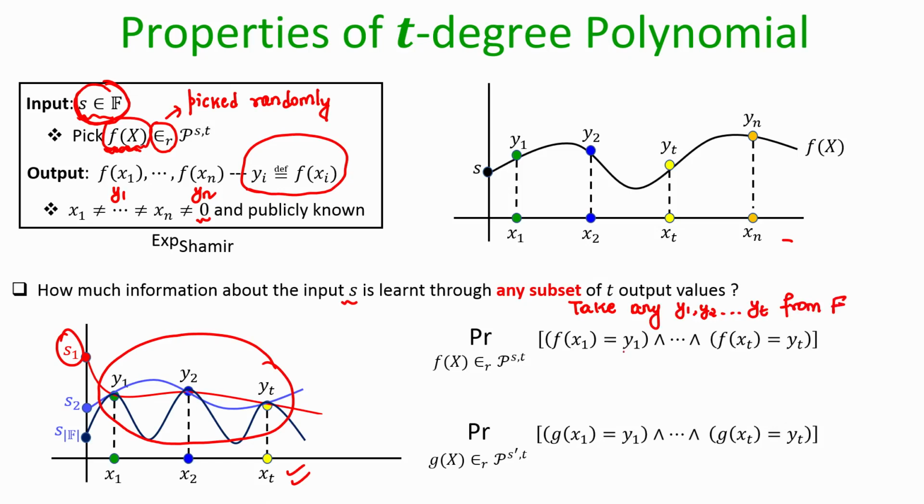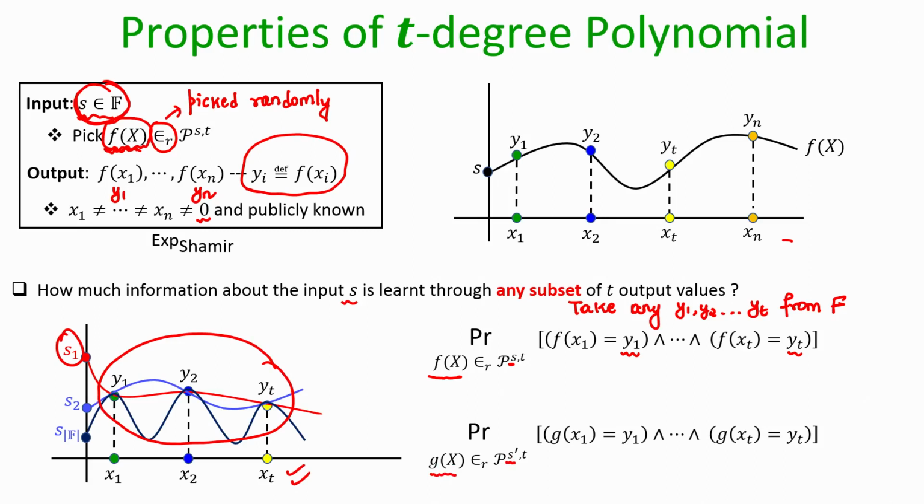The probability that the y1 to yt that I am giving to you are generated as an outcome of the experiment where a polynomial f of x was chosen whose constant term was s, is the same as the probability that the same y1 to yt would have been generated if in the experiment I had chosen a polynomial g of x whose constant term was s prime.